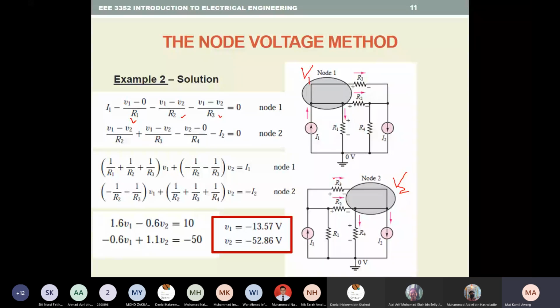The second equation is, you have IR3 going into node 2, IR2 going into node 2, IR4 going out from node 2, and I2 going out from node 2.